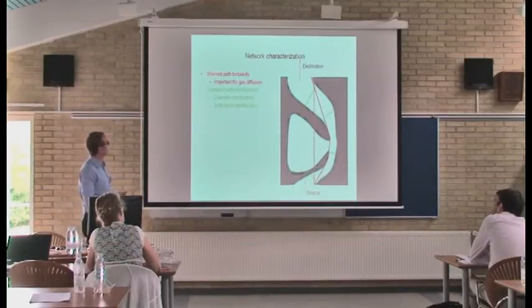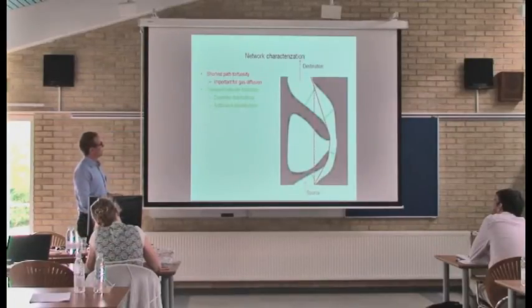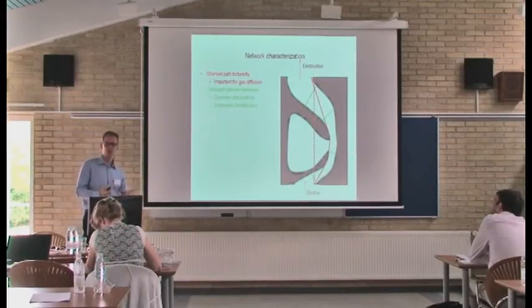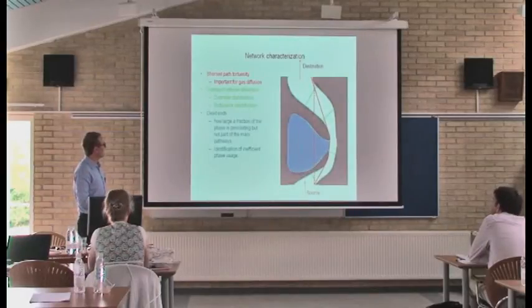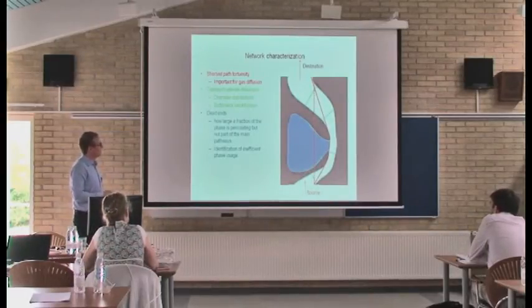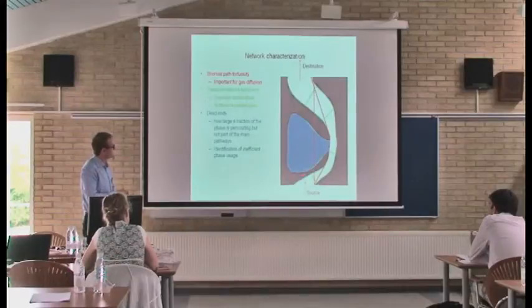Another thing we could look at is the transport network thickness. So we could sample the thickness of this structure throughout our sample to come up with a distribution of these path diameters. We use this to identify bottlenecks as well. Another thing we could do is to try to quantify these dead ends in the structure.